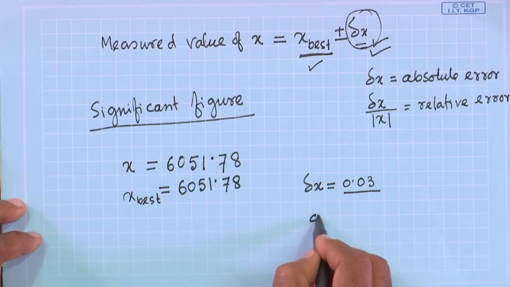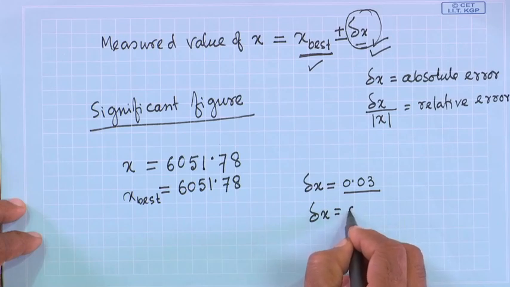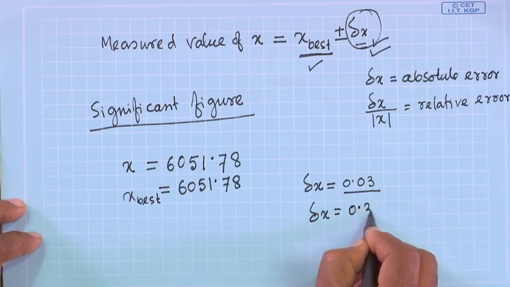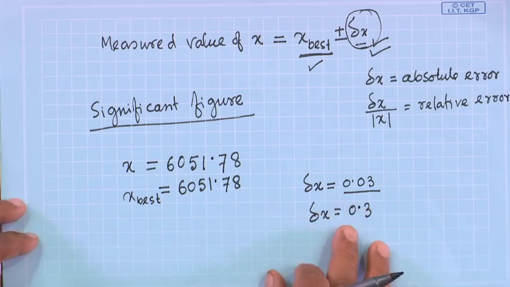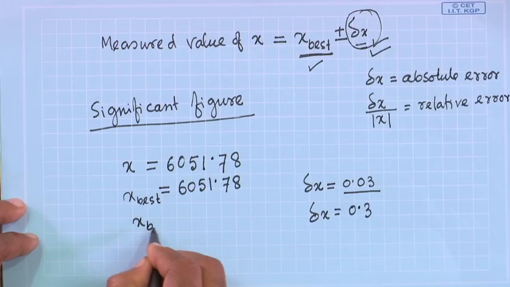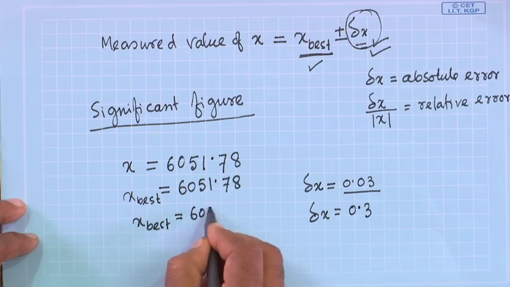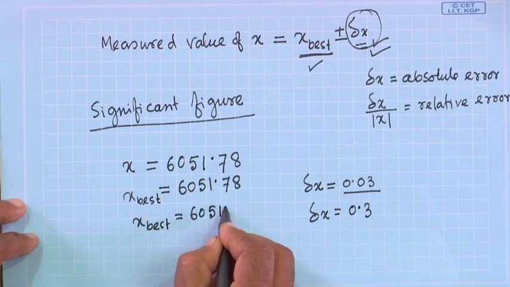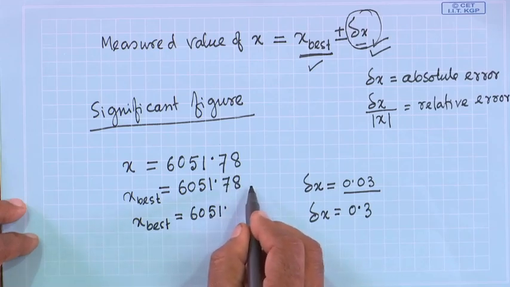Now, if in your measurement the absolute error is say 0.3, then you can show uncertainty already in the first decimal point. Okay. So, here also in x best, in that case you have to write 6051.7, and now 7 is followed by 8.